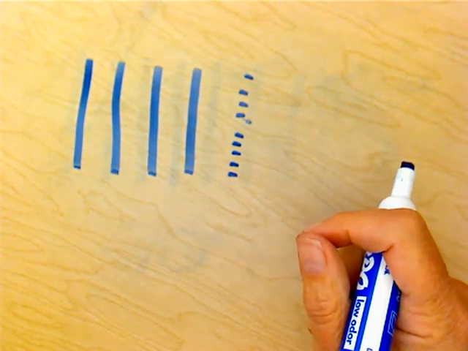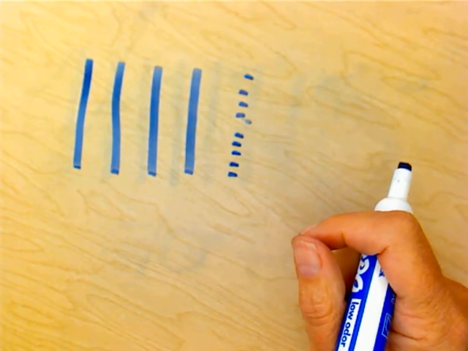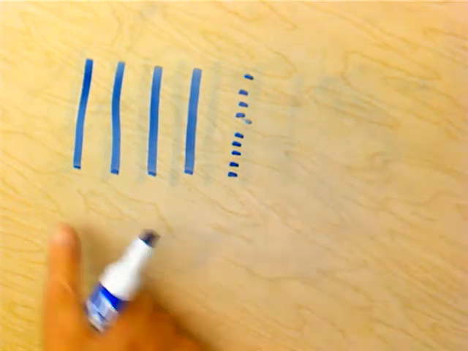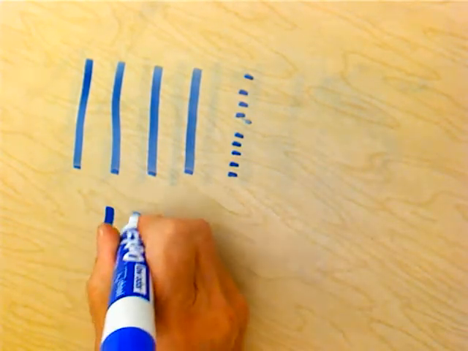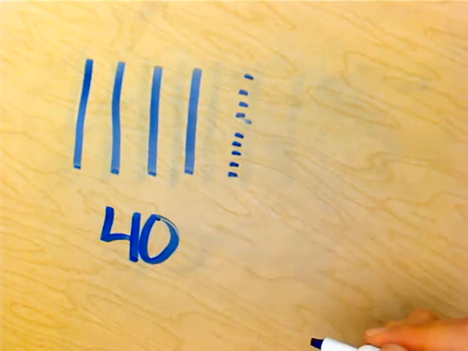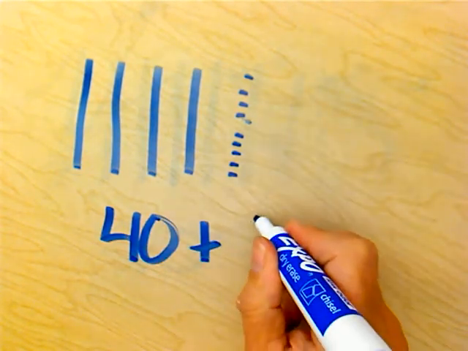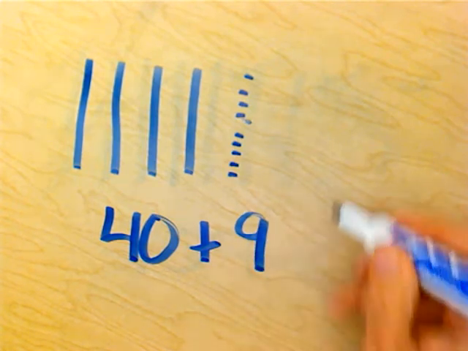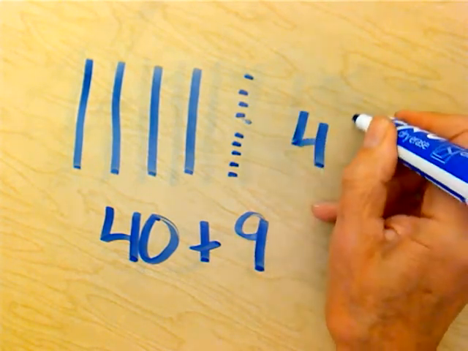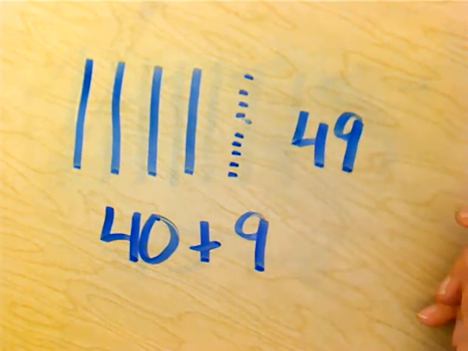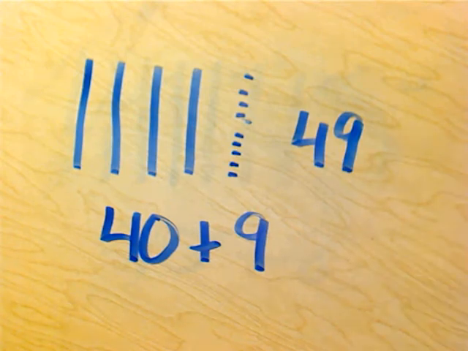Pause the video. Okay, are you back? Did you end up with 40 for your tens, because there's 4 tens, plus 5 and 4 is 9. Did you come up with the number 49 using our quick tens? If you did, again, congratulations.